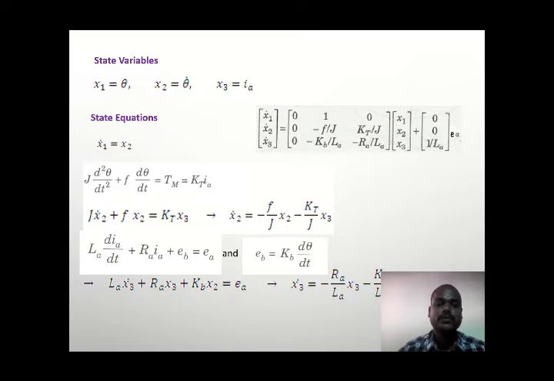And next, these two equations are from the mechanical and electrical parts of the equation. The input matrix, which is 0 0 1 by La, will only be contributing to the electrical part, because remember we have said that in this electromechanical system the input is provided in terms of voltage and outputs are obtained as the actual physical angular displacement and velocity.